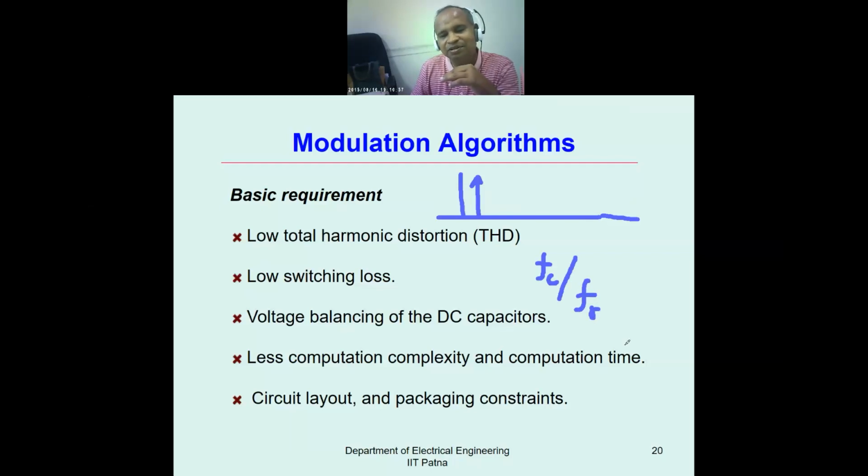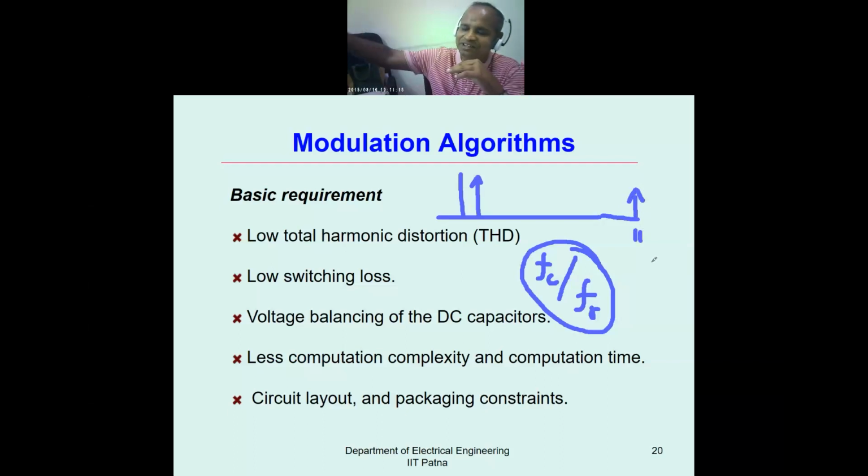The reference wave is 50 hertz and F of the carrier is 5 kilohertz or 10 kilohertz, so you will get an order of, say, 11th. So you will see that the harmonic is shifted to the 11th or 21st order, which means it is shifted away from the lower harmonic components.